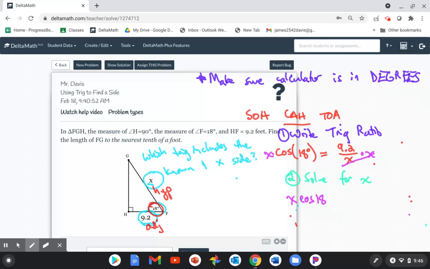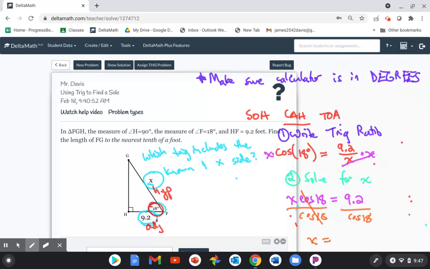Now I don't want you to type cosine of 18 degrees in your calculator yet, because you'll get a long decimal and you would lose decimal places if you retyped it later. To get x by itself, we divide both sides by the cosine of 18 degrees. And then we've got x.